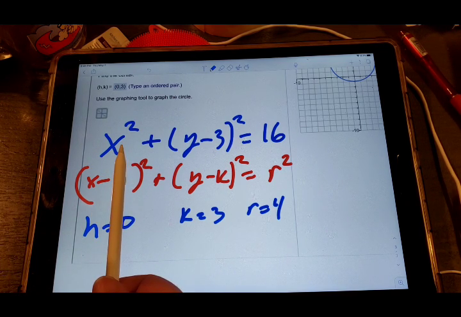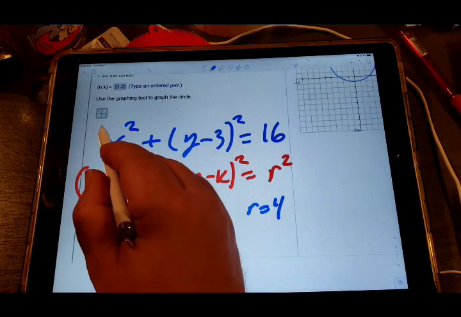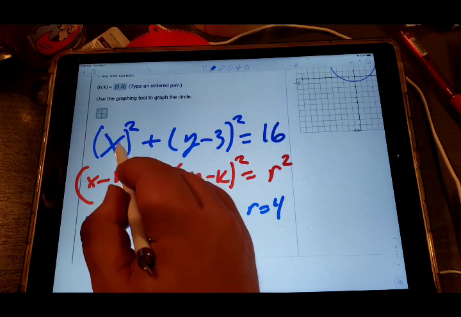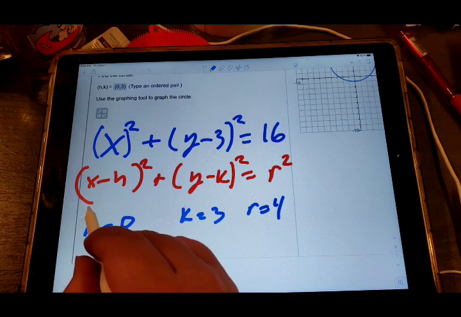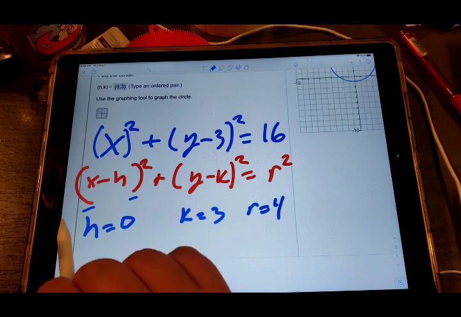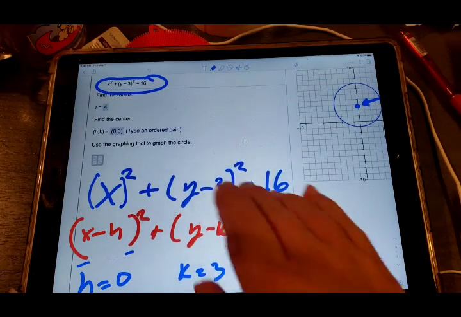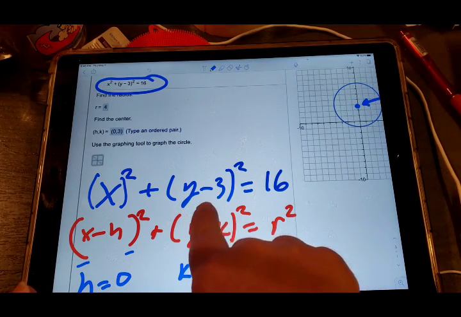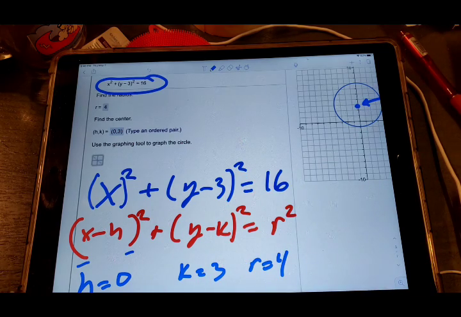It doesn't say x minus anything or x plus anything. There's no parentheses. In other words, there's no parentheses x minus h squared or something. But I just like to say the parentheses are invisible, and so is the h. We'll get to that. And again, just copying the question: x squared plus y minus 3 squared equals 16.